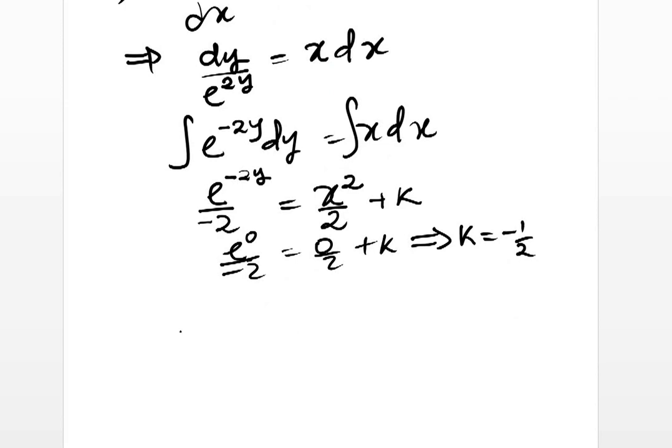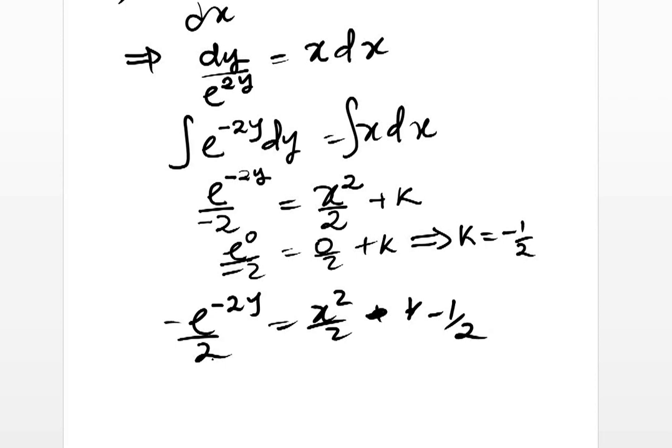Now, we can write this equation back as e to the negative 2y over negative 2 is x squared over 2 minus half. Multiplying by 2 throughout and negative, we have e to the negative 2y is negative x squared plus 1.